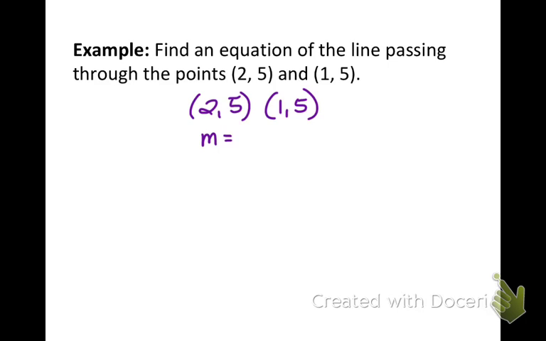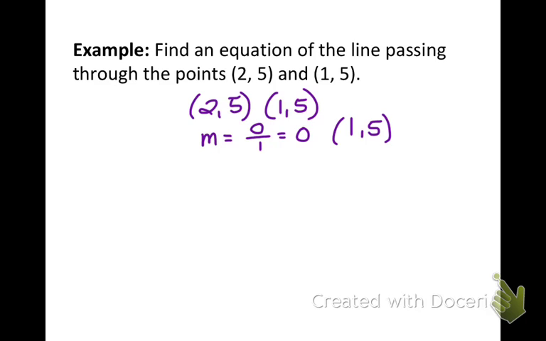What do you get for slope? I already told you what it's going to be. You get 0 over 1, which is 0, right? Which point do you like better? (1, 5). Okay.